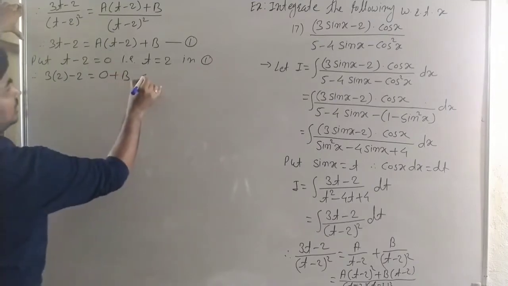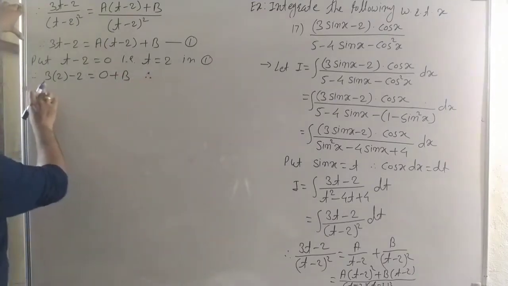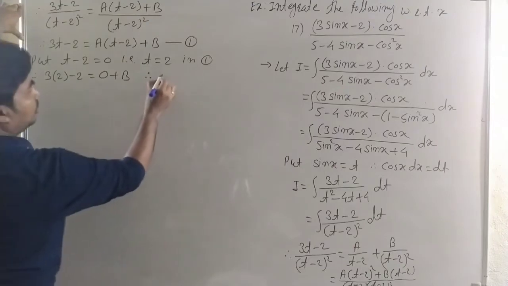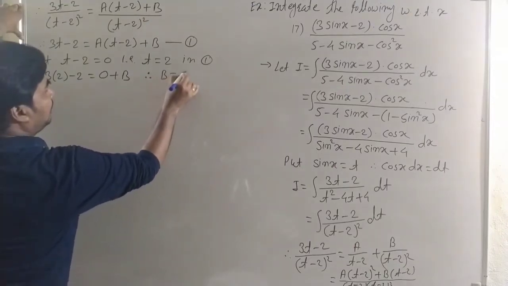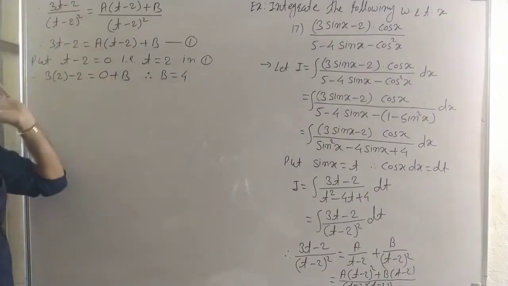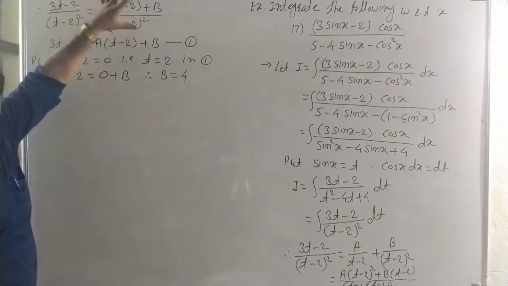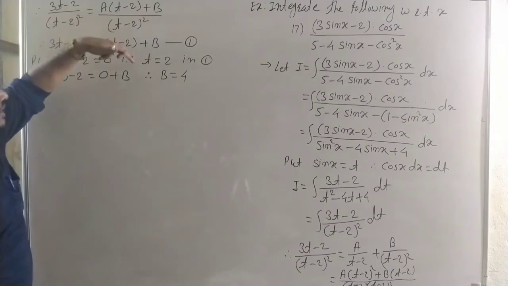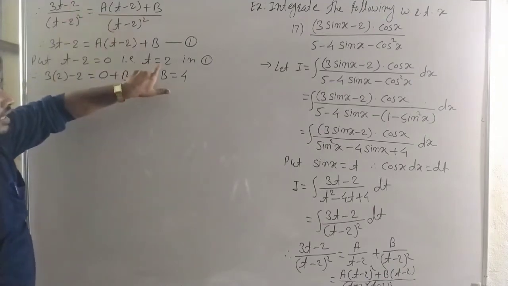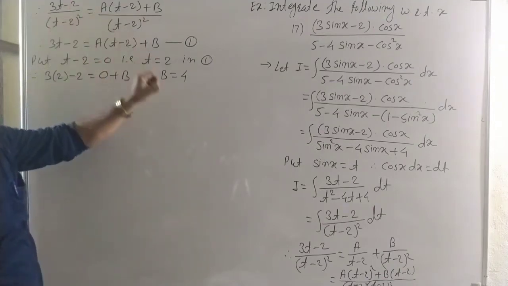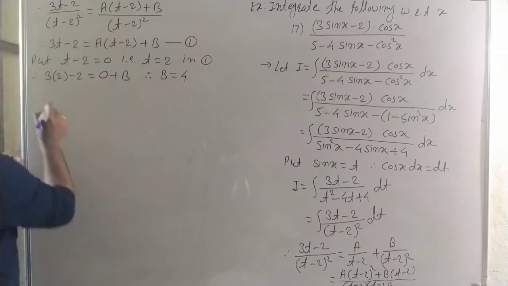It is 0, and therefore 6 minus 2 is 4, therefore b is equal to 4. It is the value of b. Now here there is only one linear factor, it is repeated, so we put t equal to any real number other than 2. For simple calculation we put t is equal to 0.